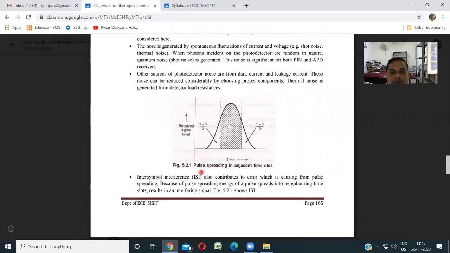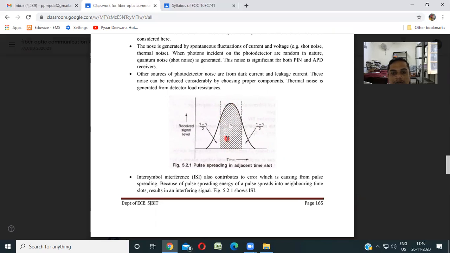So here you can see one of the effects called pulse spreading. The energies are distributed in adjoining or neighboring pulses or slots. So this is called pulse spreading. It has to be present in between these two. This is the perfect shape of the signal.